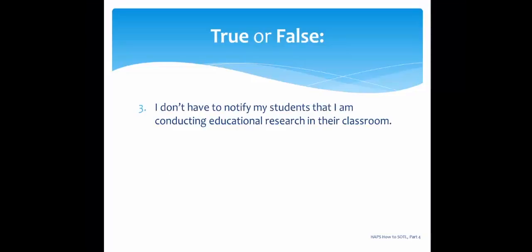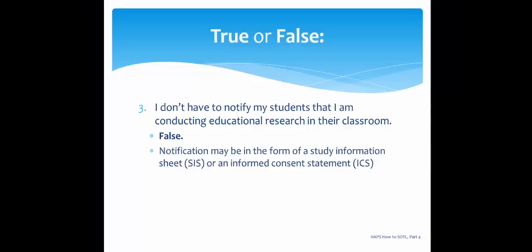Third true or false question. I don't have to notify my students that I'm conducting educational research in the classroom. This also is false. Now, in terms of notification, the type of notification you do can vary. At Indiana University, they recommend that we inform our students with either a study information sheet or an informed consent statement.